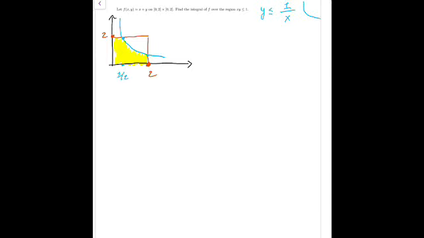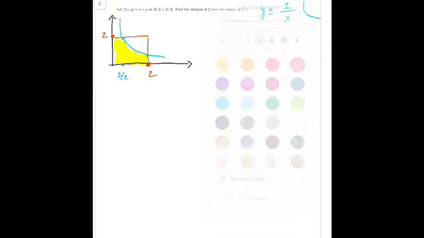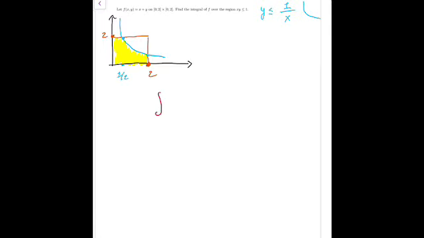Now you can integrate this either having the x integral on the inside or the y integral on the inside, but there is an annoying thing that we have to deal with.